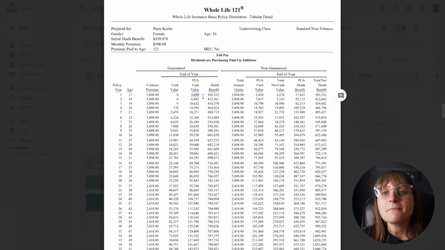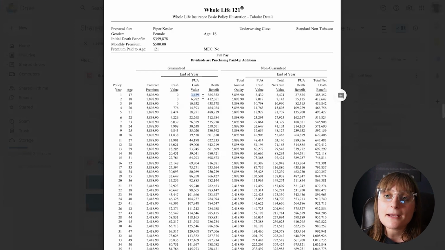So if Piper and Brent, my dad, put the same amount of premium into their policies, $500 a month, and the engineering behind it, 40% to the base, 60% to the paid up additions, if those are the same, the cash value is going to perform the exact same way.